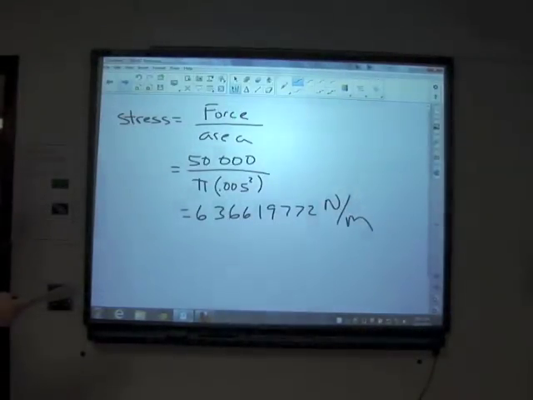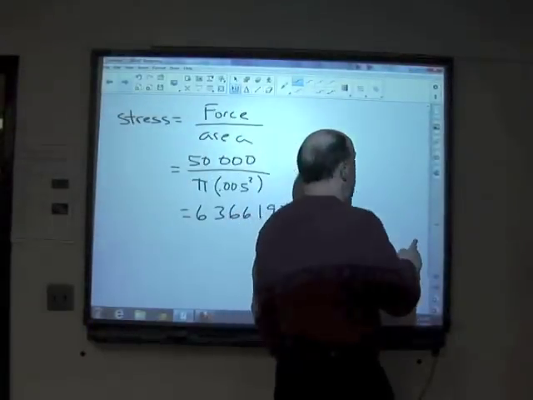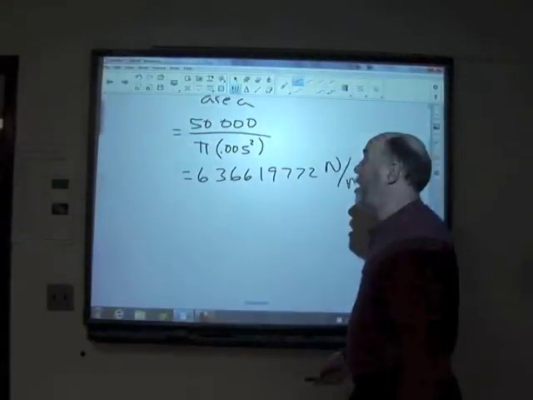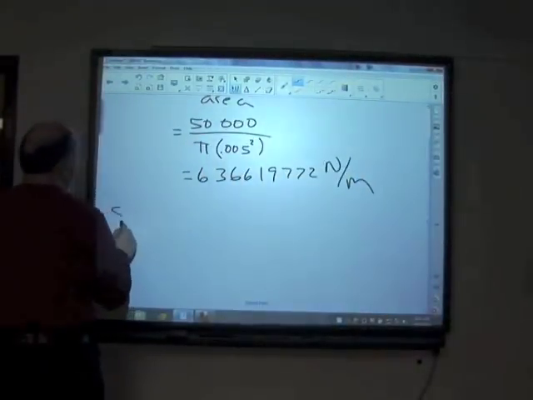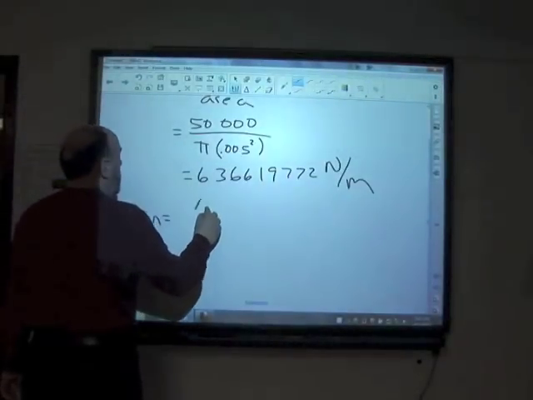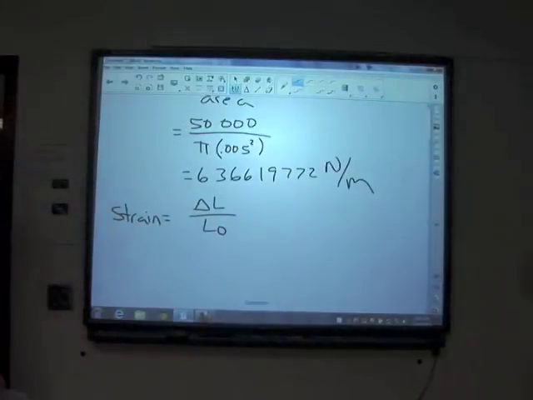And then we can also look in terms of the strain on our system, and the strain is given by the change in length over the original length. This number will have no unit, it's just going to be a ratio.